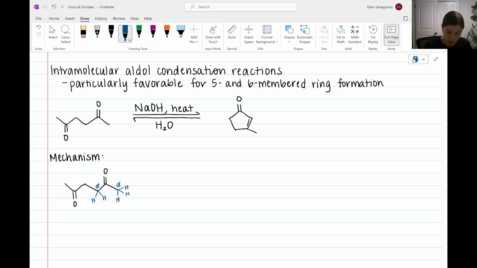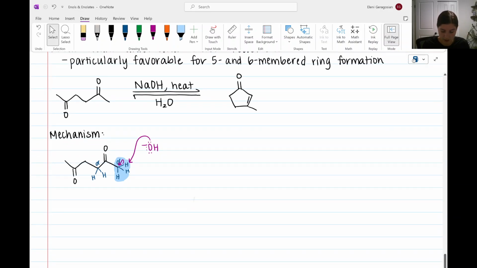So first, we'll show deprotonation at this alpha carbon here. We'll do all of that in this purple color. So we have our hydroxide take an alpha hydrogen, and we form the enolate. So we have a negative carbon there.